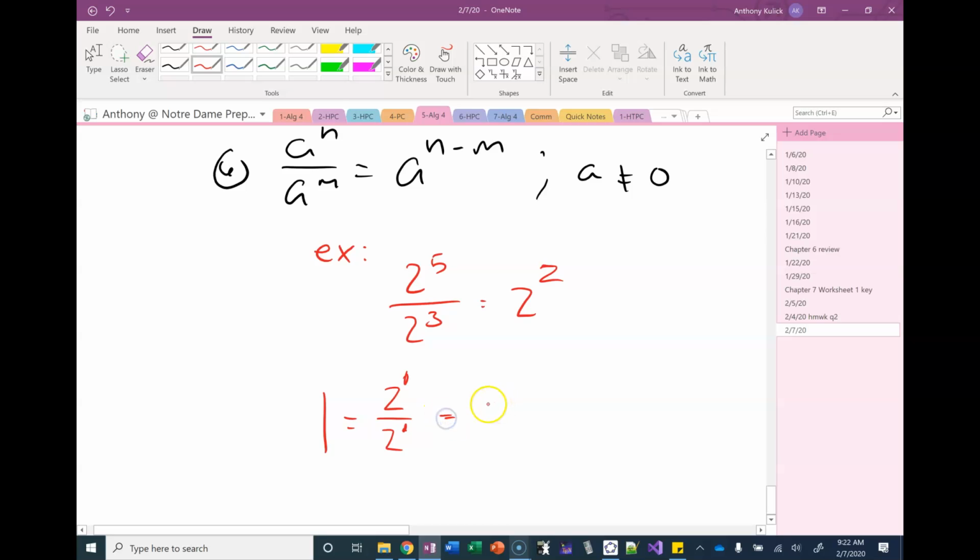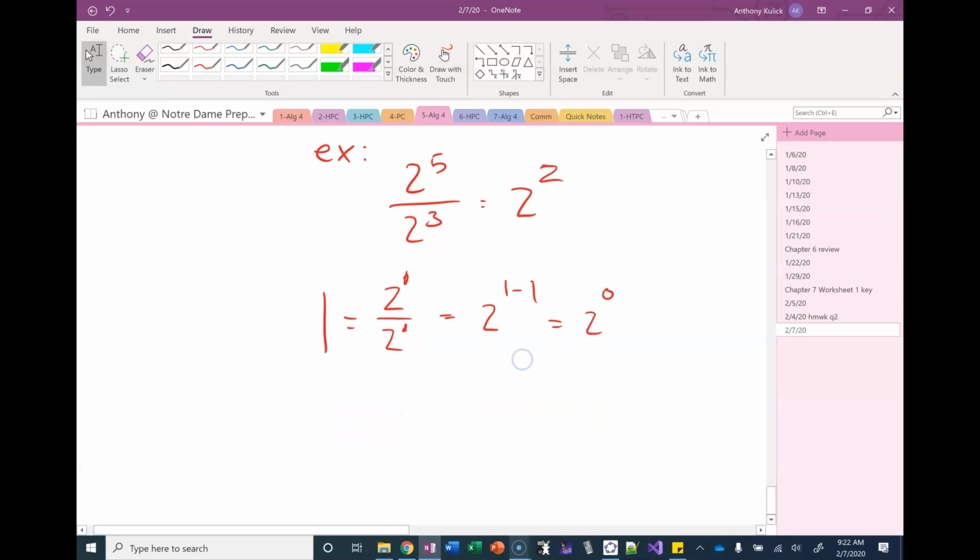And if I use this property number 6, that's the same thing as 2 to the 1 minus 1, which is 2 to the 0. That's why something to the 0 power gives us 1, is because it's really basically saying it's that number divided by itself. That's kind of neat, right?